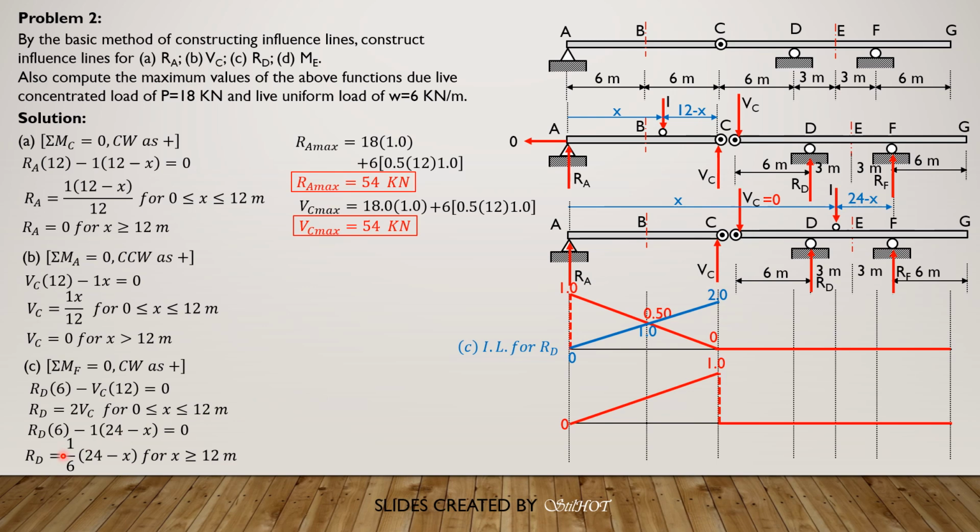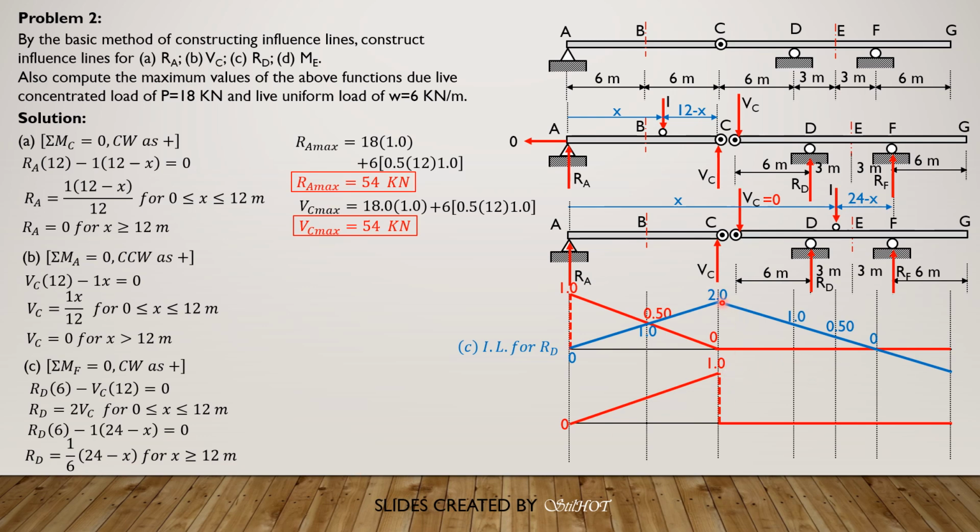Then for X greater than 12, this is now the formula. So we set X is 12. 24 minus 12 divided by 6 is 2. That's why we have continuity, 2. Then when X is 18 at D, 24 minus 18 is 6 divided by 6. So it's 1 here. Then when X is 21 at E, 24 minus 21 over 6 is 0.5.